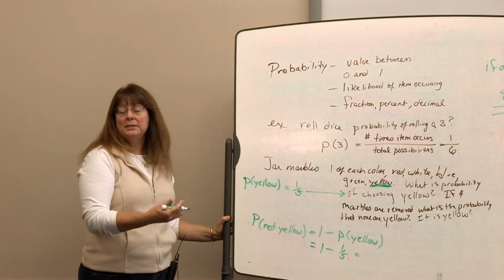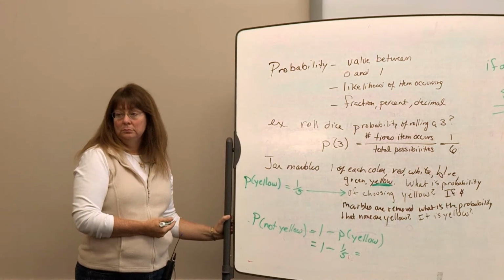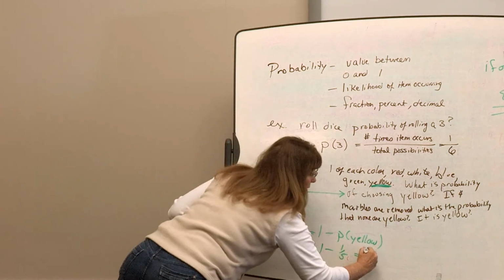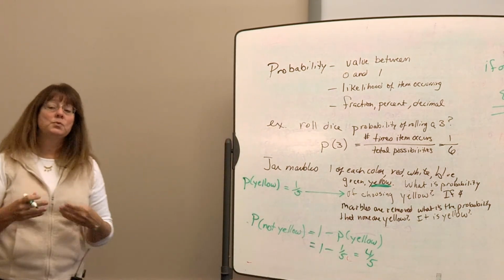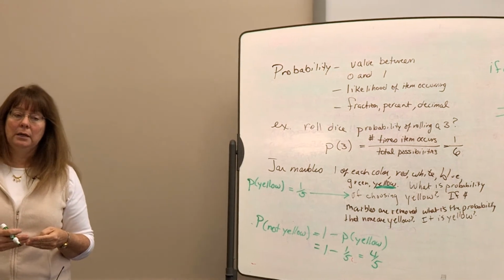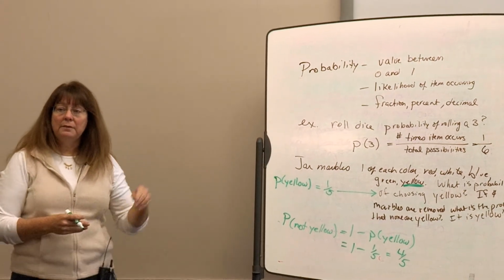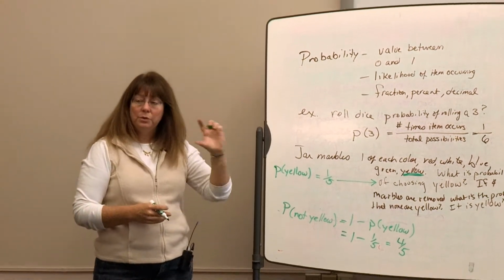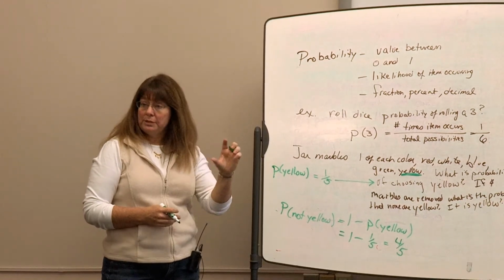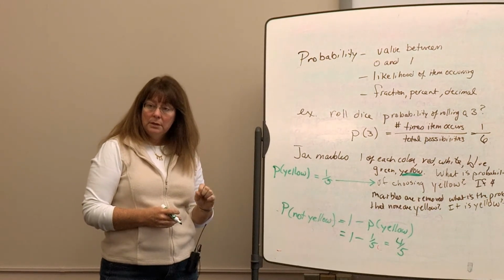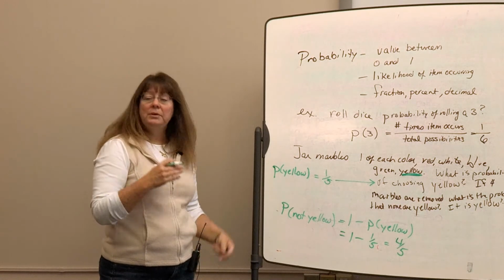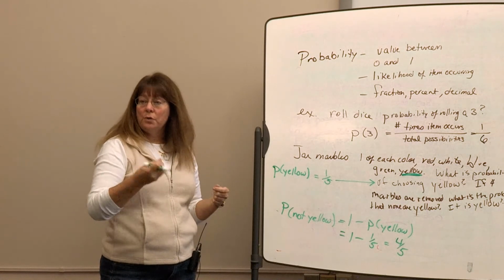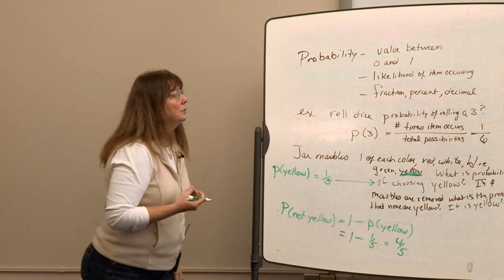So how often is it not yellow? 80% of the time, or 4/5. And here's one where you need to look at the options, because if they give it to you as fractions, you'll want to do your work with fractions. If they give it to you as percents, you'll want to do your work with percents. So you can do it either way for these problems. So that would give me the option of what if I choose all those things and it's not yellow.